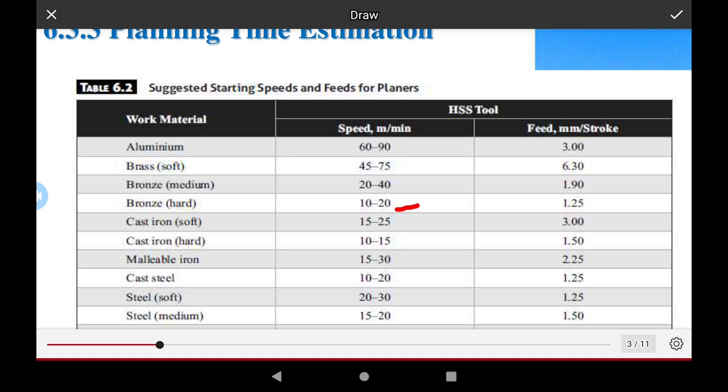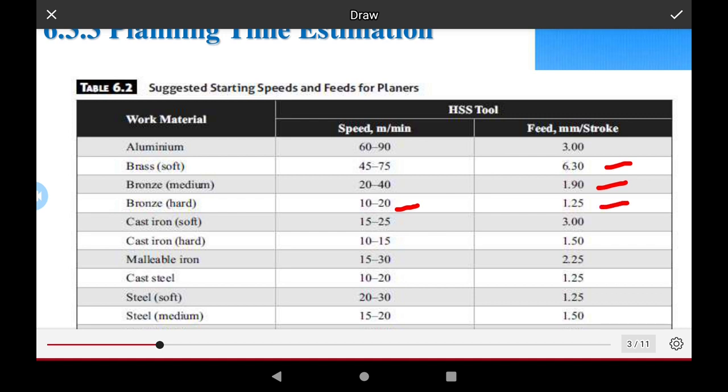For medium bronze the feed rate is 1.90 mm per stroke. For hard bronze, the tool speed is 10 to 20 meters per minute.